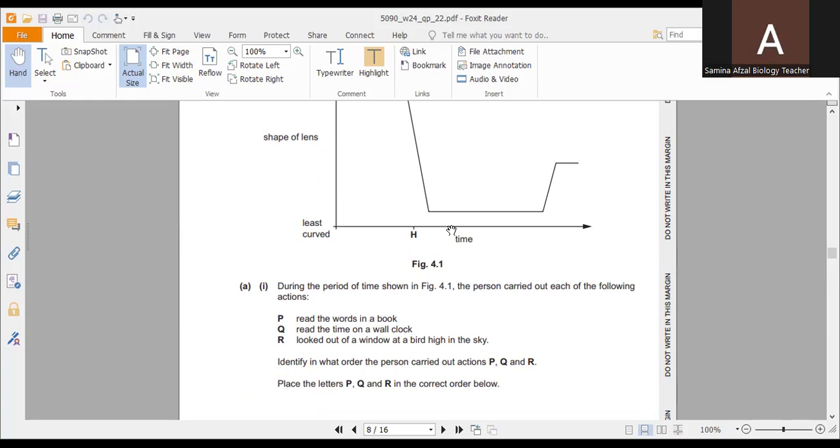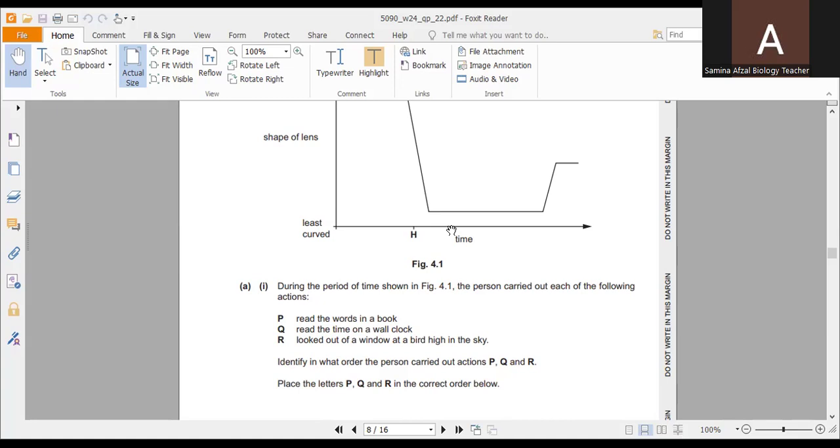The first point is P, read the words in a book. We have to discuss what will be the curvature of the eye, the shape of the lens, when the book is very close to the eye, about 1 foot away.